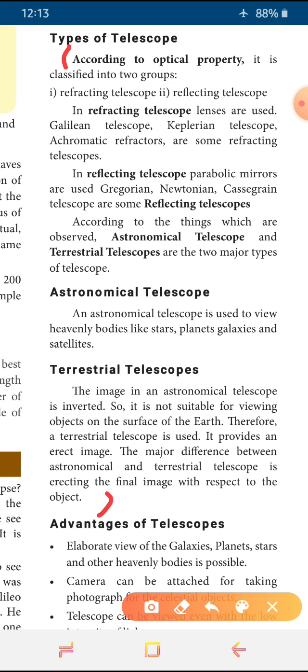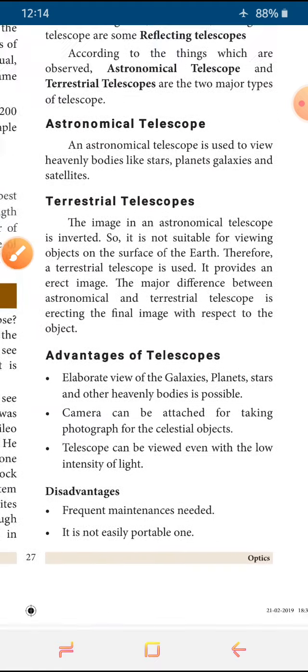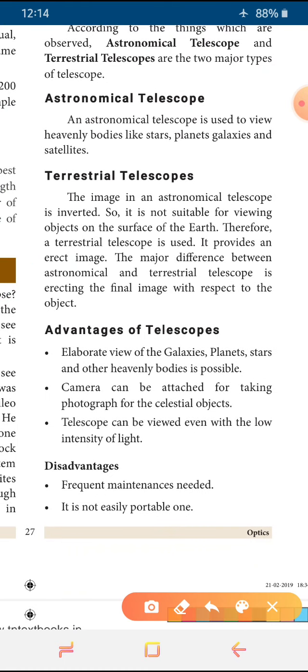And within this itself, it may be asked for 2 marks: what are the types of telescopes, refracting and reflecting, or define astronomical telescope, or write about terrestrial telescope. That may be 2 marks. If they ask the full topic, that is a 7-mark question. Next is advantages and disadvantages of telescope, and you can mark from here up to the portable one. This is a 4-mark answer and an important one.